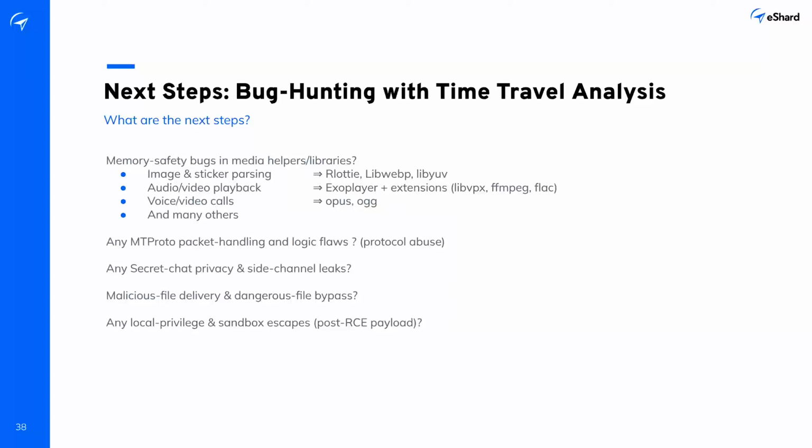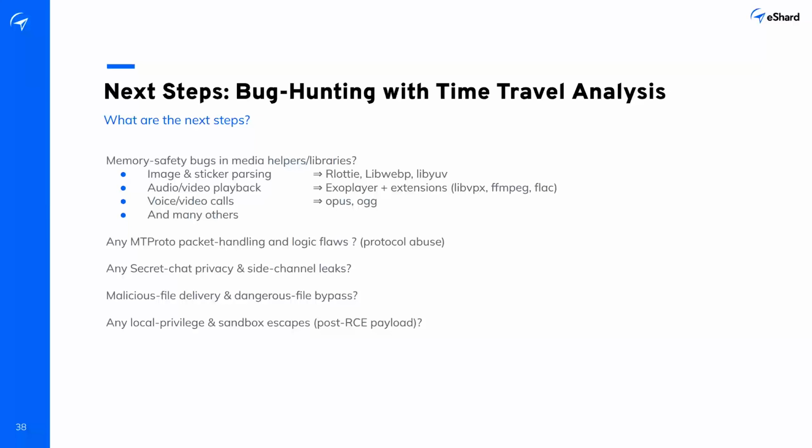So what we can look at next: first, everything from images and stickers to audio and video, Telegram relies on a variety of third-party media libraries to handle parsing, caching, compression, encoding, and decoding. Any one of these components could contain a memory safety bug that might be exploitable.